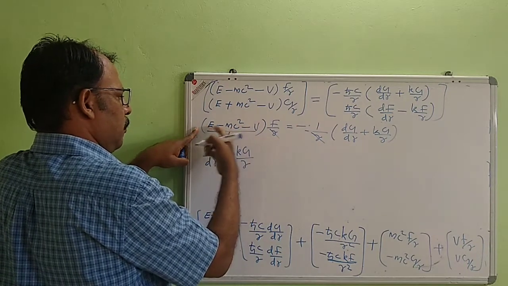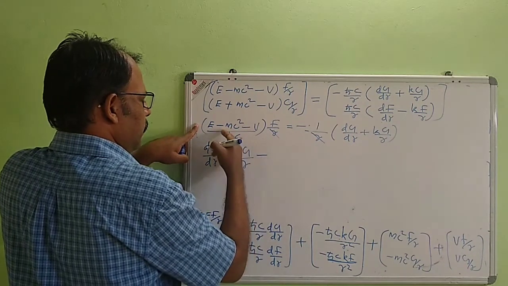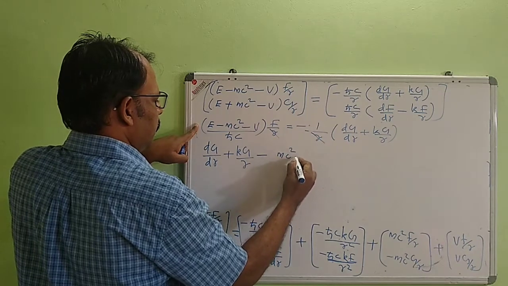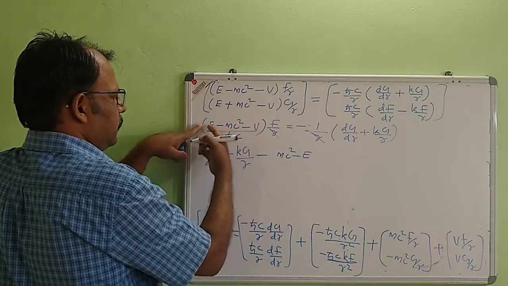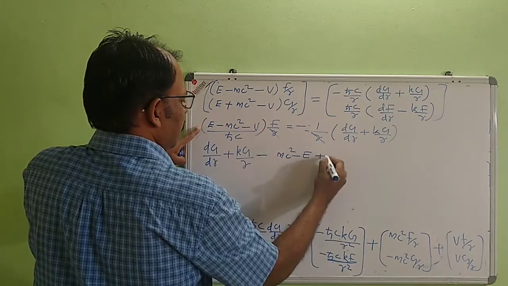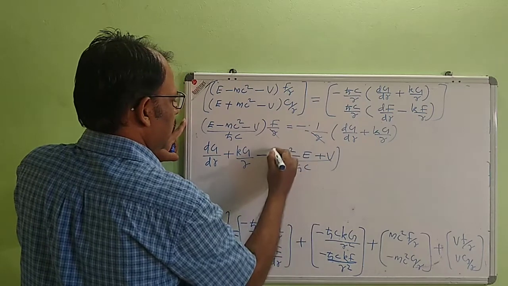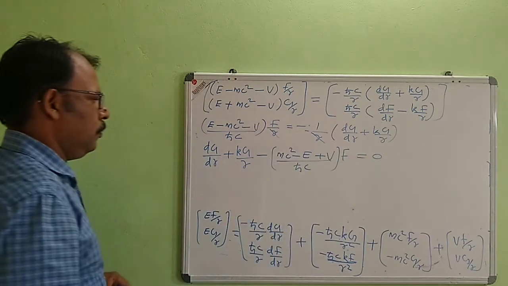I am taking minus common from all these terms, then it will be minus of mc square minus E plus V by h bar c into F equal to 0.